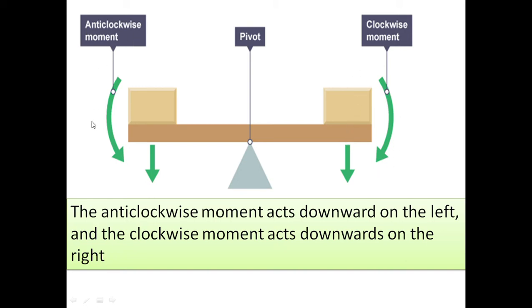And the anti-clockwise moment, how do you calculate? The perpendicular distance and the weight. The anti-clockwise moment acts downward on the left, and the clockwise moment acts downwards on the right. Now this is the clockwise moment and this is the anti-clockwise moment.